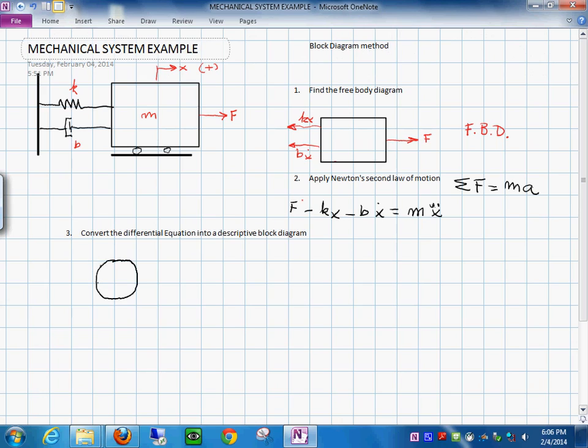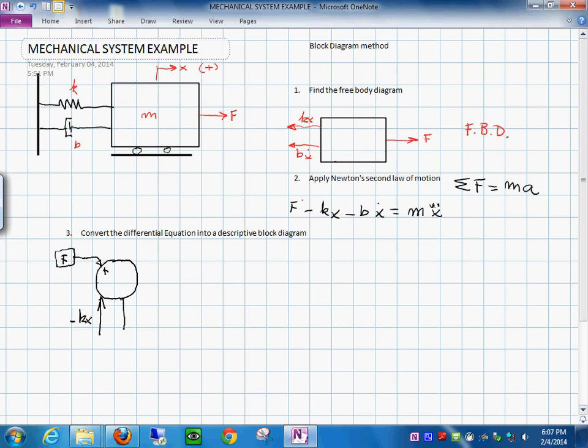On one side I have an input of this force F with positive sign. I have an input of this force minus k times x.